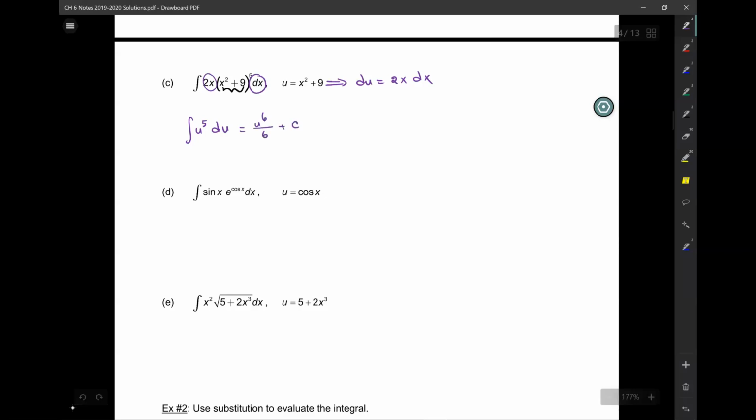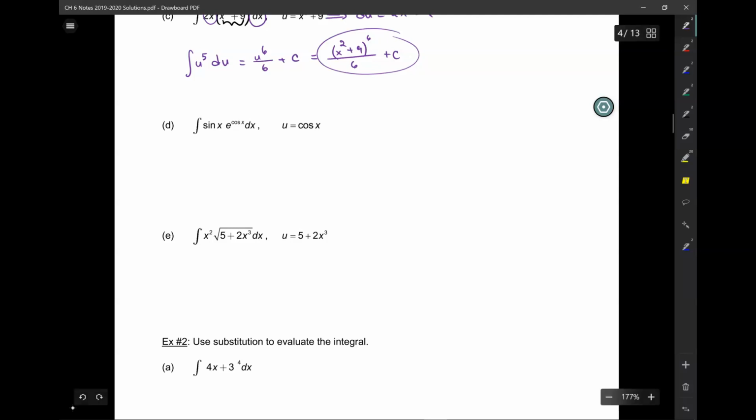U to the 6 over 6 equals x squared plus 9 to the power of 6 over 6 plus c. And taking du to get something dx, is that just a substitution for the sake of getting it to u? Yes. So yes. Okay, let's do one more.